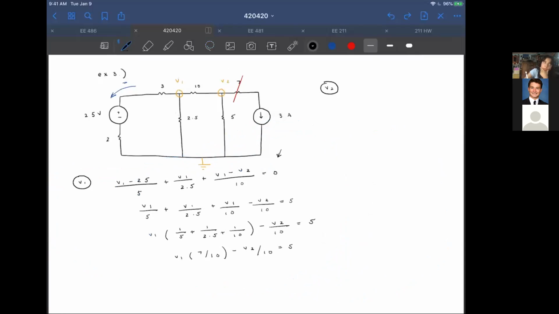So you do V2 minus V1, which describes this relationship here, over 10, which is the resistance, plus V2 over 5, which is V2 over this resistance here, plus 3, which is the source, is equal to 0.